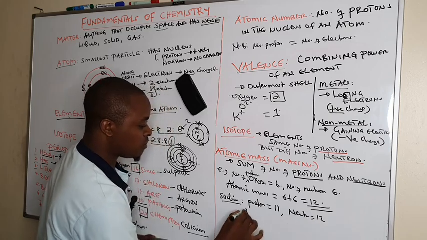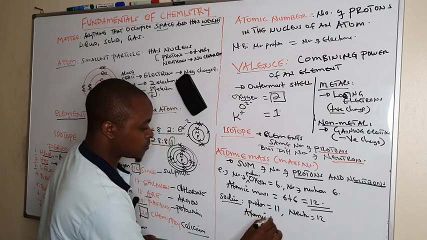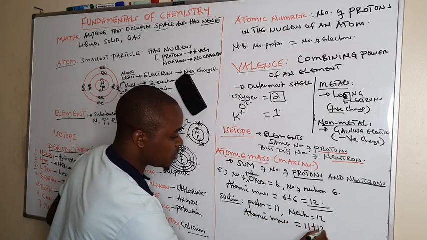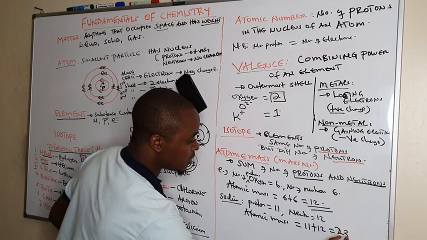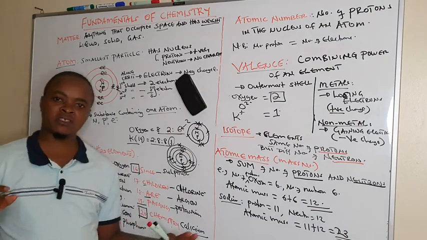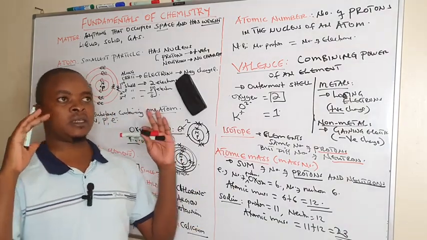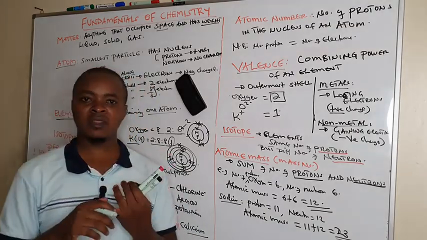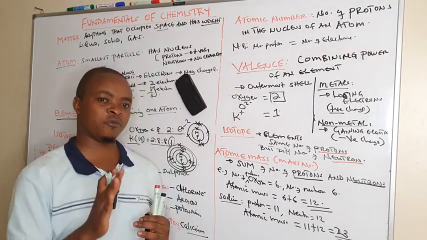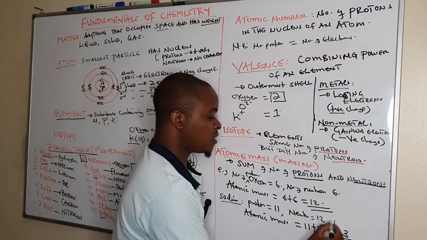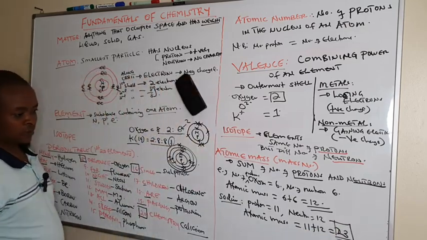So the atomic mass of sodium is equal to 11 plus 12, which is equal to 23. So the atomic mass of an element is the sum of the number of protons and neutrons within the nucleus of an atom. When you get the number of protons and the number of neutrons, you are able to get the atomic mass of that element.